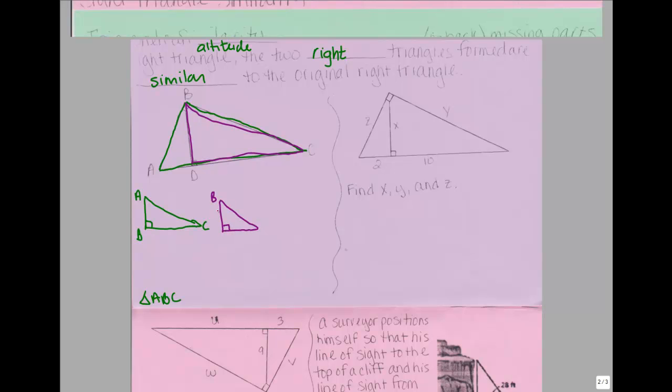And it is B, D, C. And then we have the smallest triangle. And that is ADB.